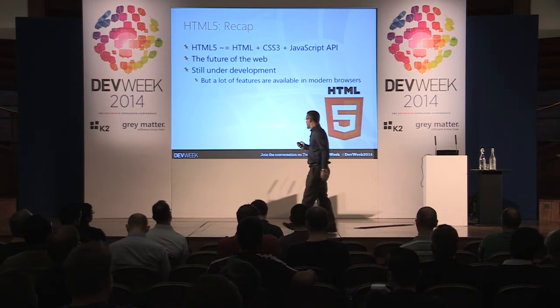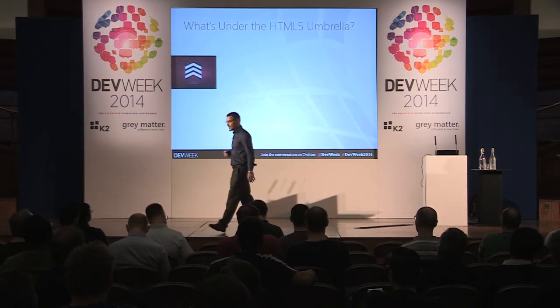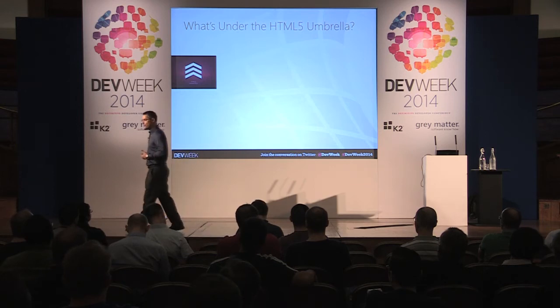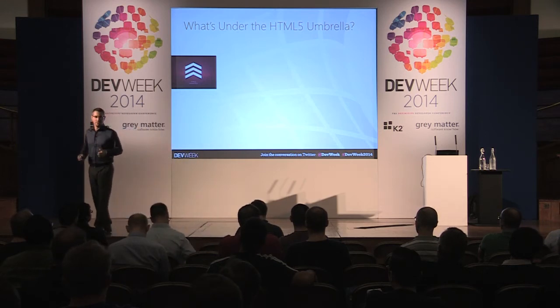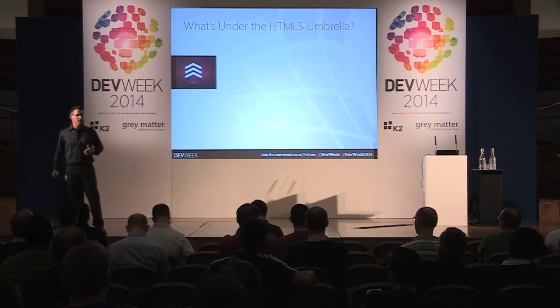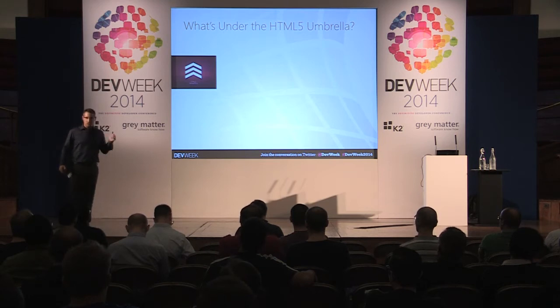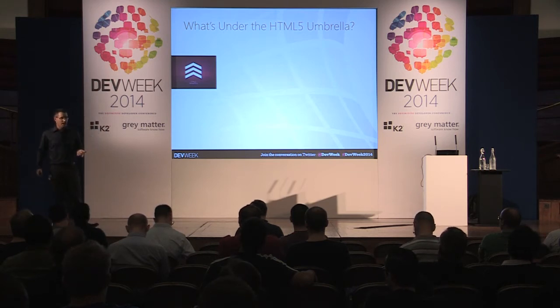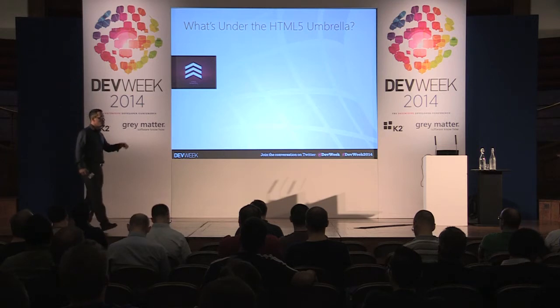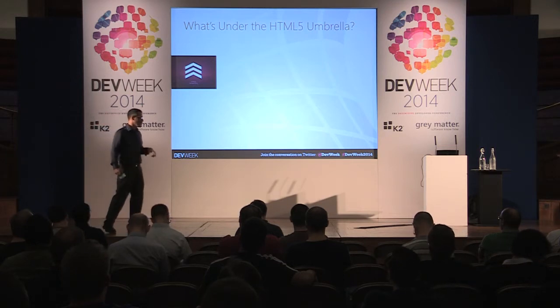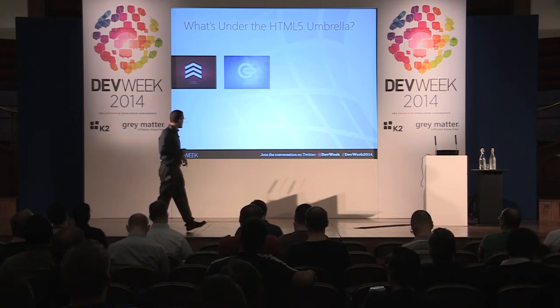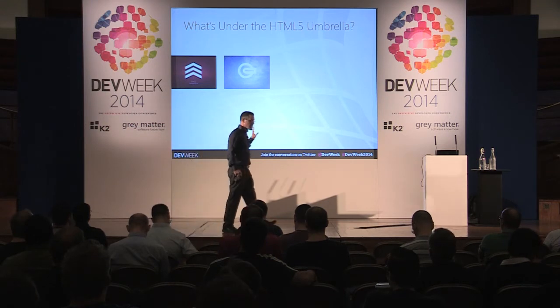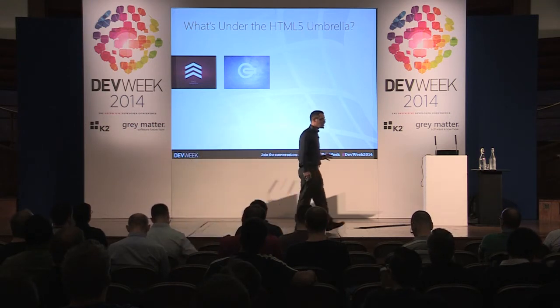Okay? So what's in the umbrella of HTML5? First, we have a lot of new semantic elements, structural elements, inline elements that you can use today in most of the modern browsers. More than that, in today's session we are going to talk about offline and storage.